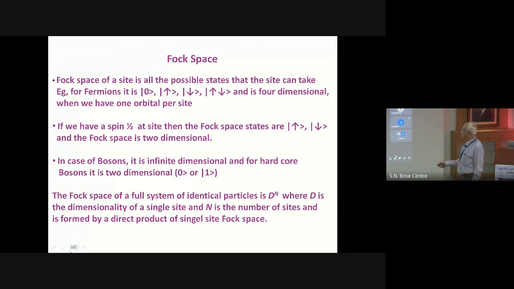In case of bosons, of course, you can have 0, 1, 2, etc. But if you restrict to what are called hard-core bosons, then you can have 0 or 1. The Fock space of a full system is nothing but d raised to the power n. So if you have n sites and each site has a Fock space dimensionality d, the total dimensionality is d raised to the power n.